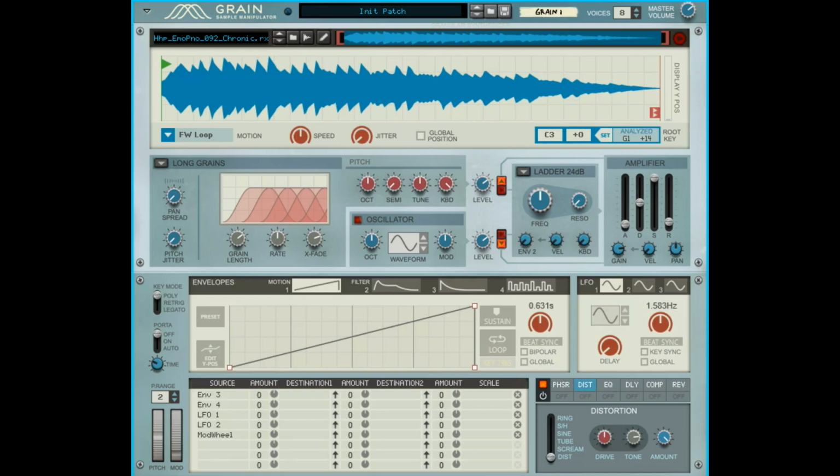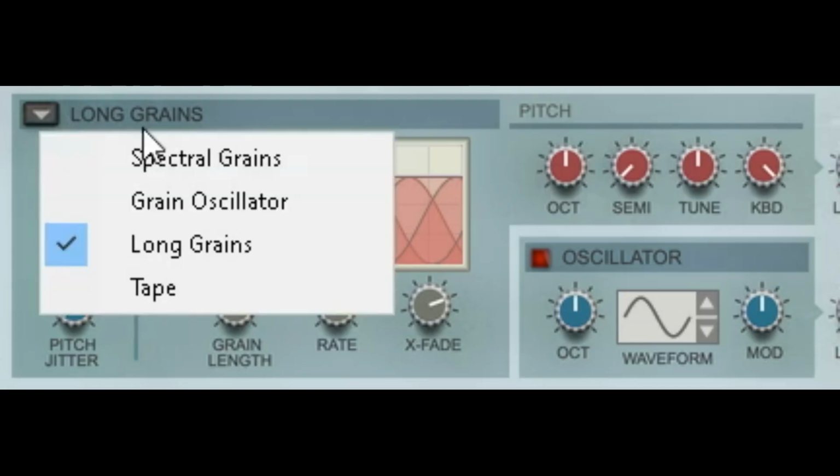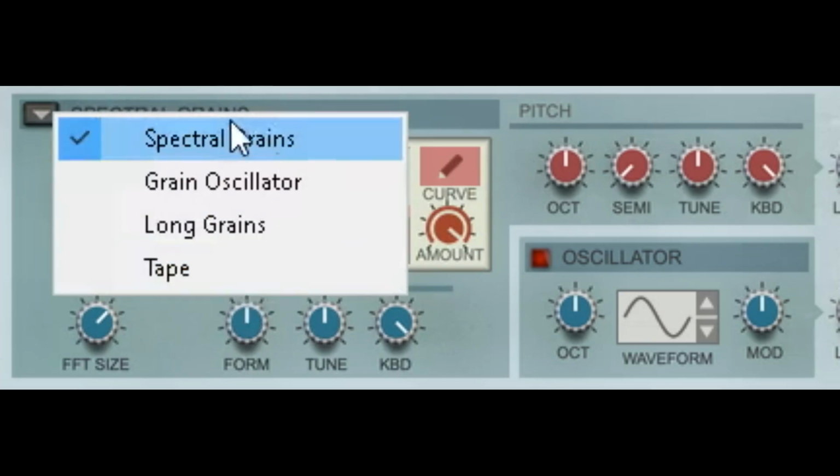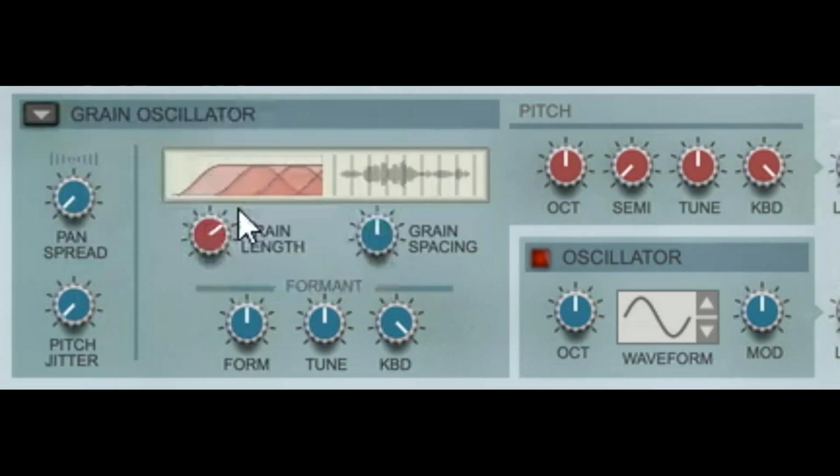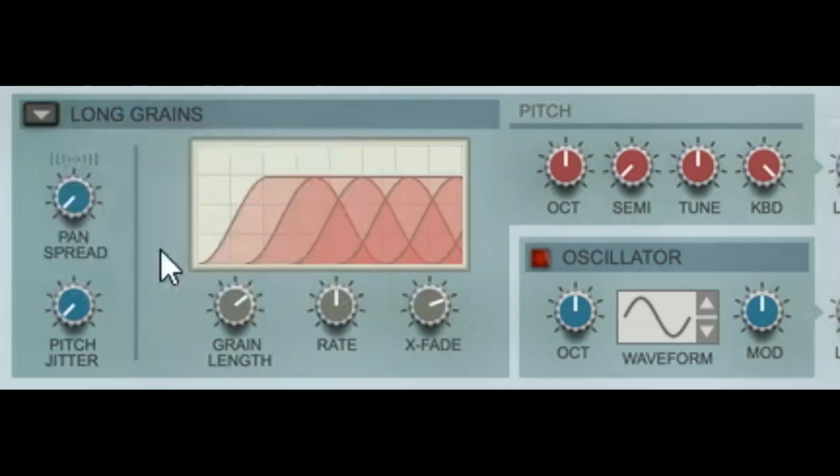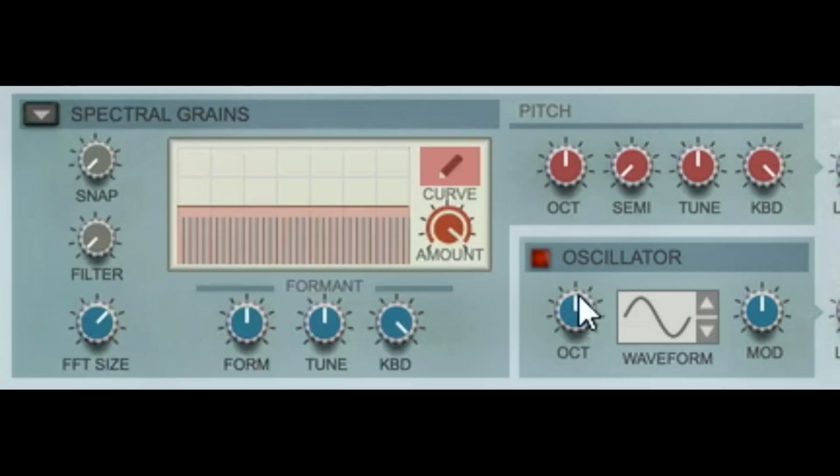So let's talk about the algorithms. We have 4 to choose from: Spectral Grains, Grain Oscillator, Long Grains, and Tape. Each one of them treats the sample you have loaded in a different manner, and it can be quite drastic.